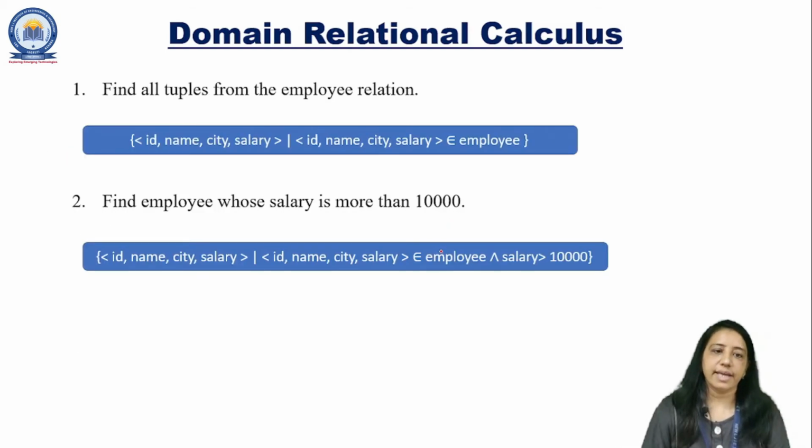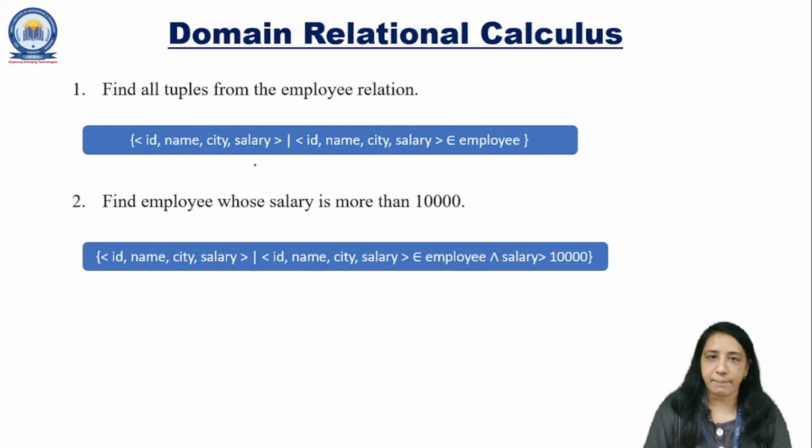So we will see examples of domain relational calculus. First is find all the tuples from the employee relation. The employee relation has four attributes, so for that we are going to specify the respective domains: ID, name, city and salary. These are the names of the domains.